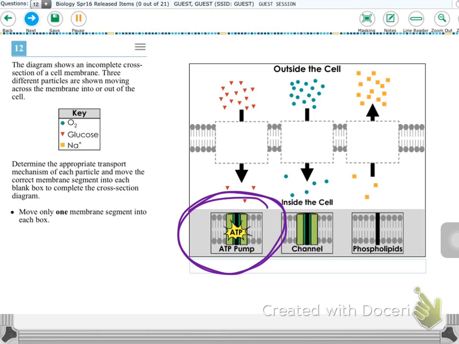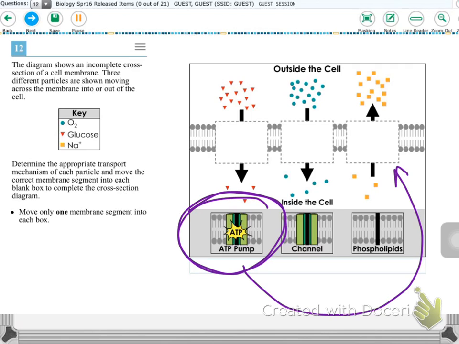So where do we see something moving from an area of low concentration to an area of high concentration? On the end. So this ATP pump would go there because it's the only one that takes energy. Now, you've got 2 other things that you can use here. You've got oxygen and you've got glucose.